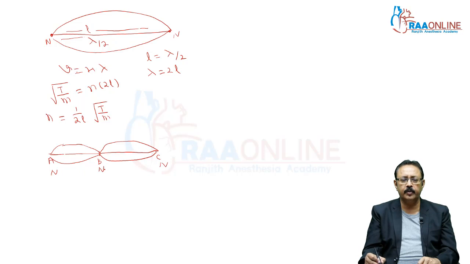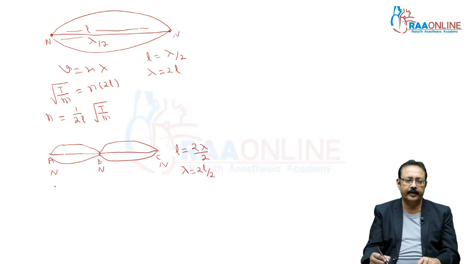So lambda by 2 or lambda by 2. So now the length of your wire is equal to 2 lambda by 2. So lambda will become 2L by 2, not cancelling 2 with 2.